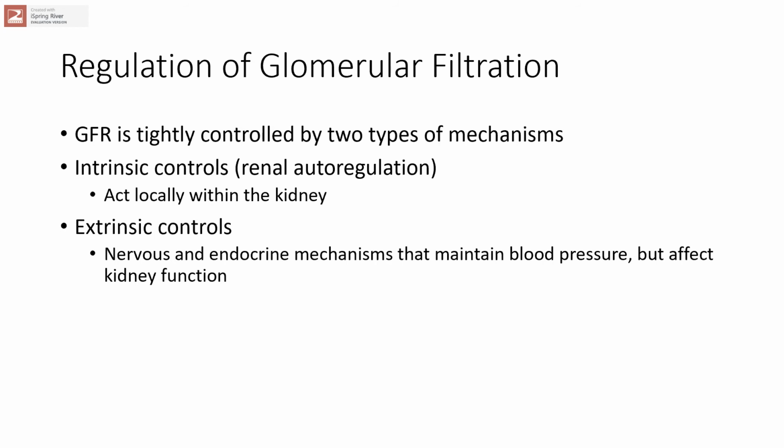So the glomerular filtration rate is controlled by 2 different types of mechanisms: intrinsic and extrinsic. Intrinsic mechanism involves everything around the nephron, like the juxtaglomerular apparatus locally within the kidney that controls the glomerular filtration rate.